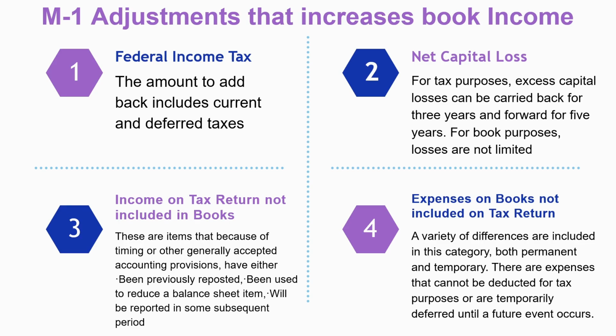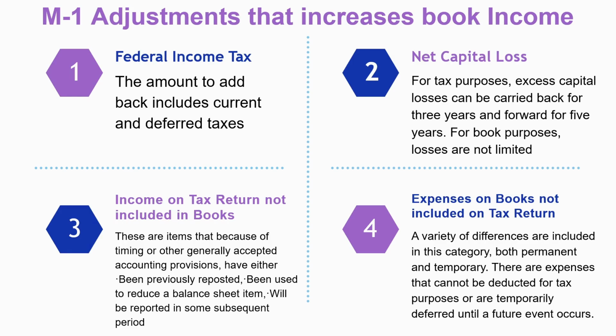Some common examples are fines and penalties, political contributions, 50% of business meals, 100% of entertainment expenses, book depreciation exceeding the amount allowed for tax, and charitable contributions in excess of the 10% of taxable income limitation. So these are basically the adjustments that increase book income.